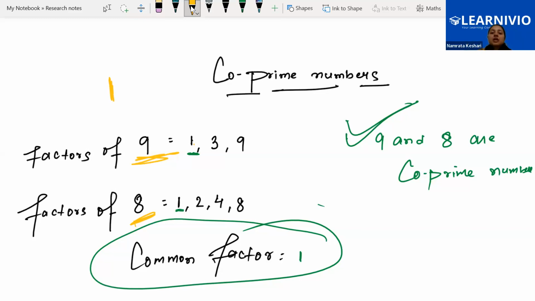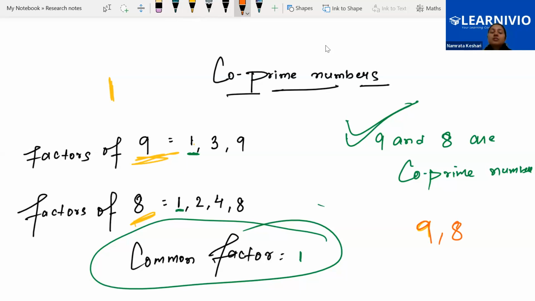We have 9, we have 8. You need to search: is there any number which can divide 9 also and 8 also? Yes or no?